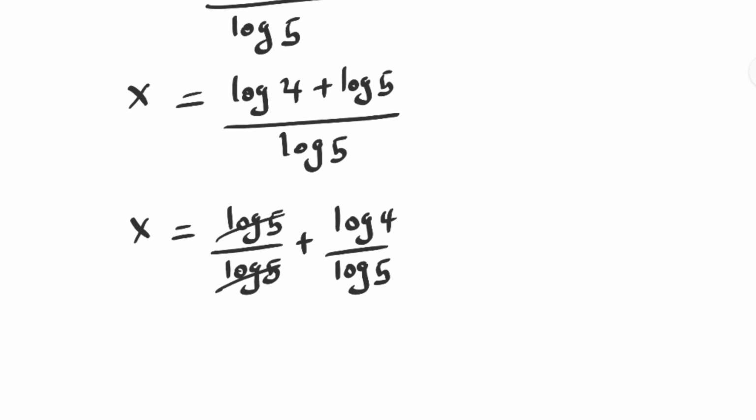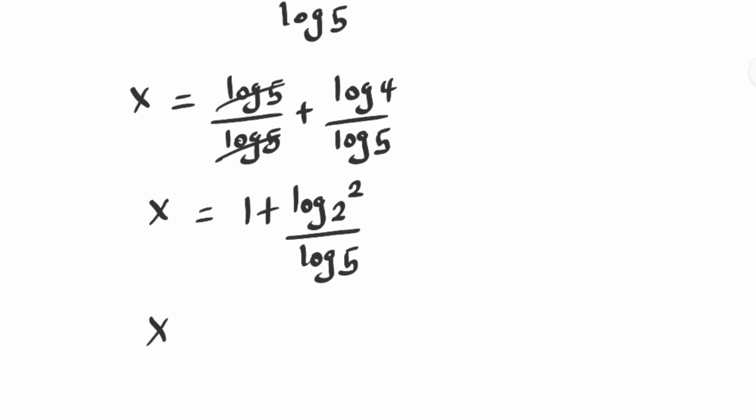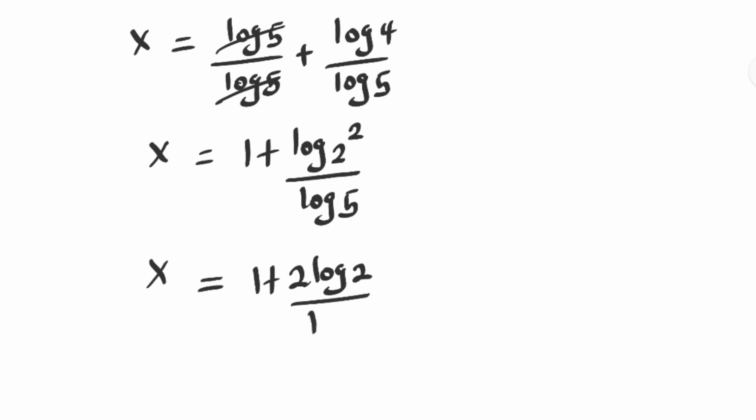This log 5 cancels this log 5. x is equal to 1 plus, log 4 can be written as log 2 squared, over log 5. x is equal to 1 plus 2 log 2 over log 5.